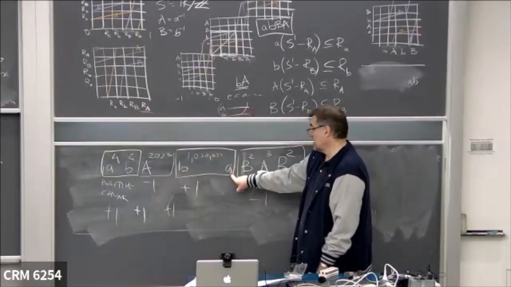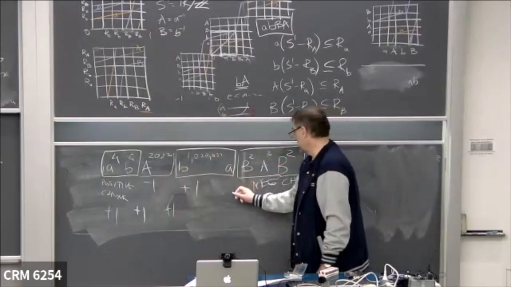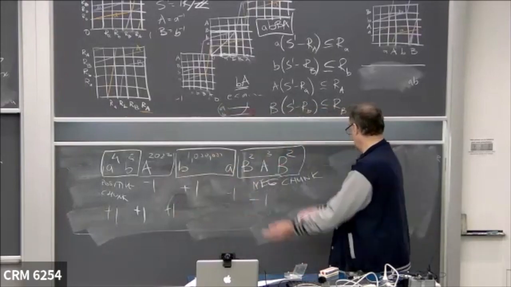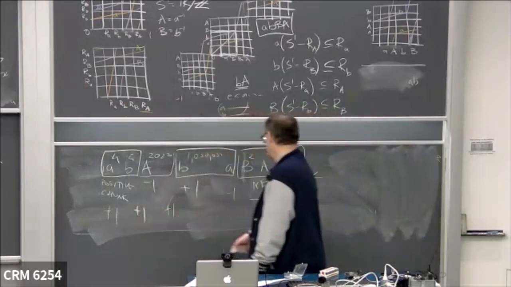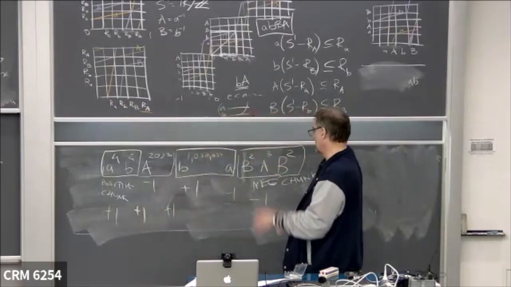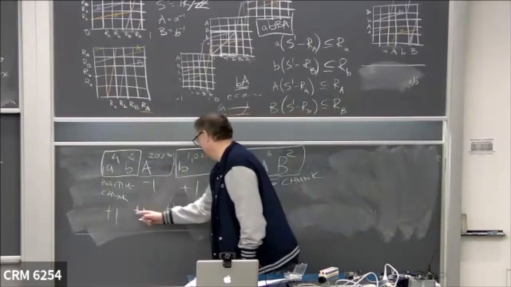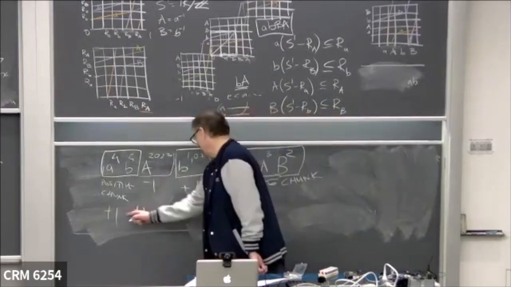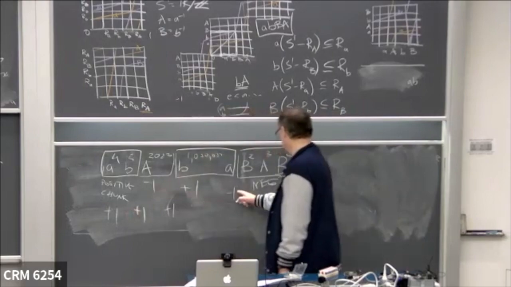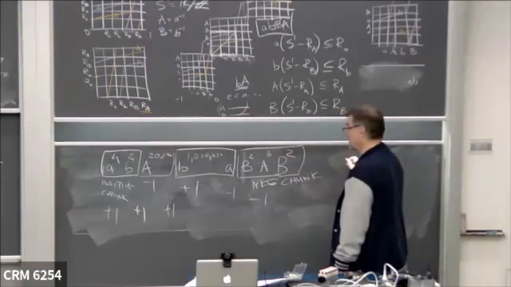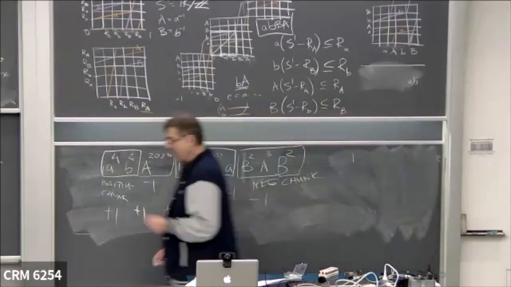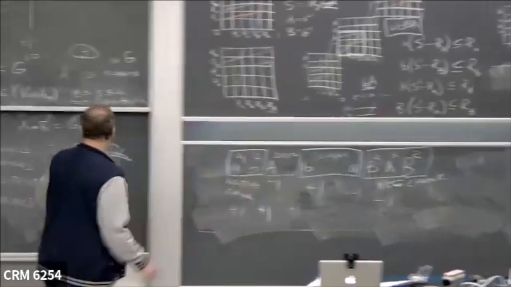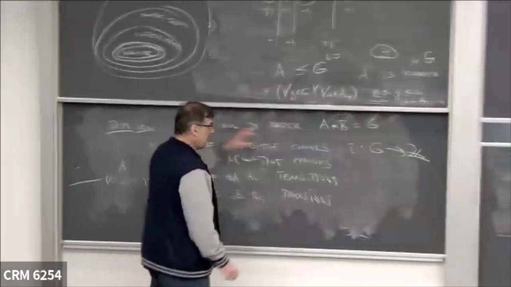This is a transition that involves positive from A and negative from B. I'll just add it up and see what we get: 1, 2, 3, 4, 3, 2, 1. Okay, positive. This thing is positive. And if you do it this way, A will be convex in B.